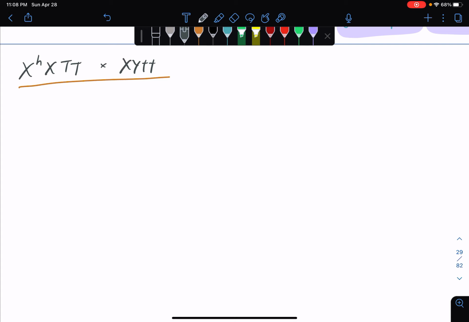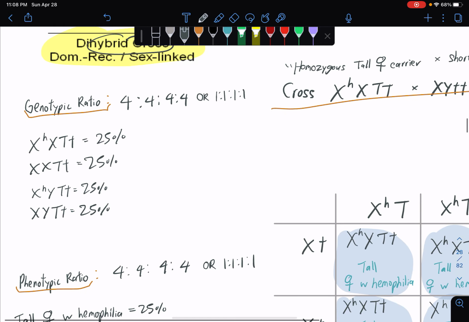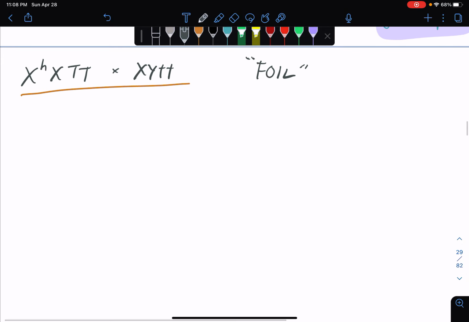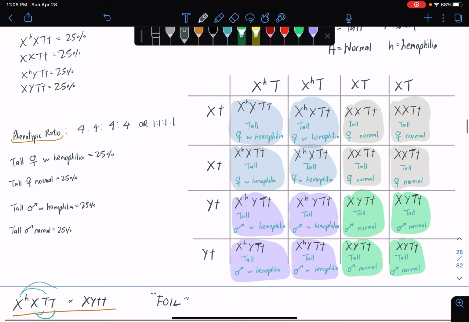In algebra, we know something called the FOIL method. This is something that we can also use in genetics, in making Punnett squares, granted that we have a dihybrid cross problem. So basically, what we do is something like this. We have XHT. Next is XT, I believe.